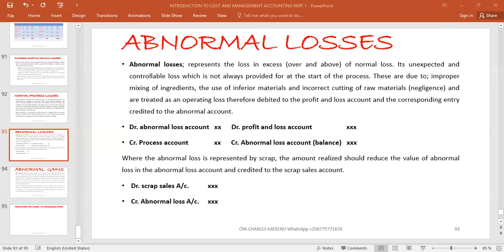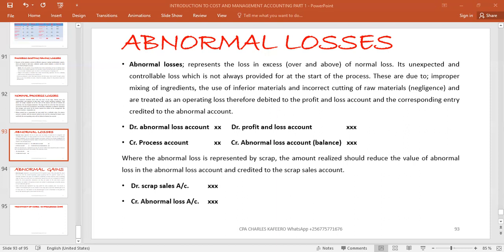So how these abnormal losses happen is that, let's say, we expected to incur a normal loss of 10%, and our input is 10,000 units. If you are expecting a normal loss of 10%, it means we get 10% of 10,000, which gives us 1,000.